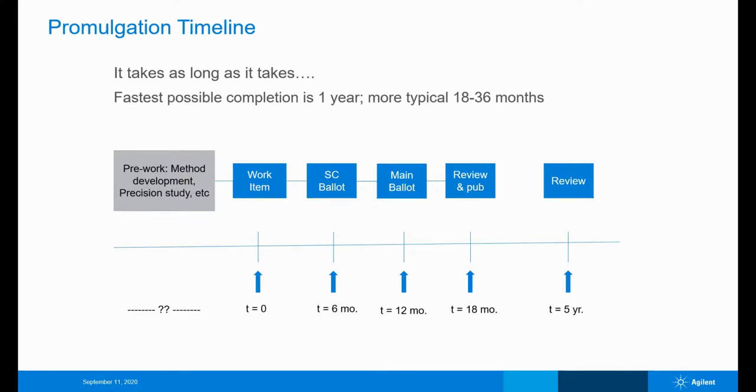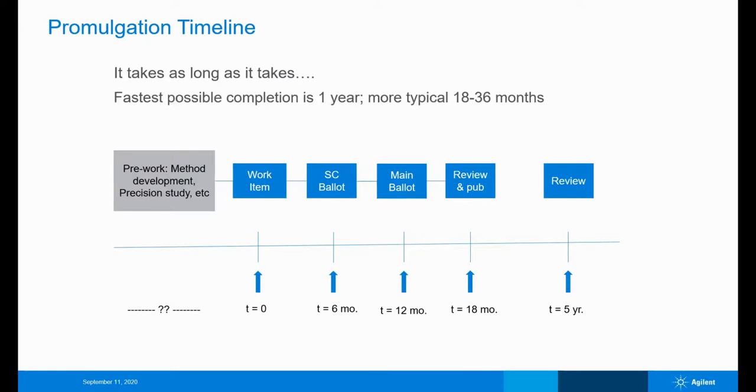So in this process, as you notice the timeline, the pre-work performed by the task group in the process of method development and establishing the precision through a precision study, and all of the work I just mentioned requires X amount of time.